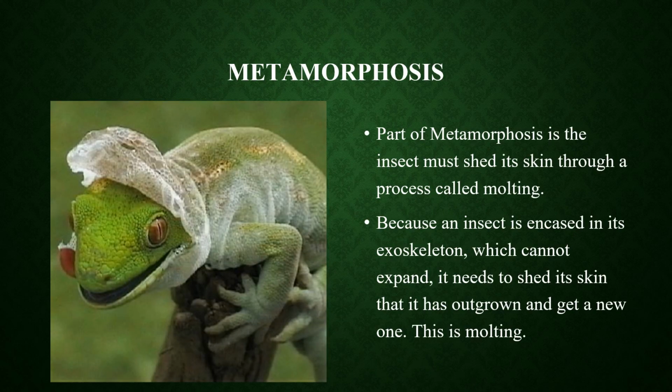Okay, part of metamorphosis is the insect must shed its skin through a process called molting. Because an insect is encased in its exoskeleton, which cannot expand, it needs to shed its skin that it has outgrown and get a new one. This process is called molting. I want to point out this word here, exoskeleton.